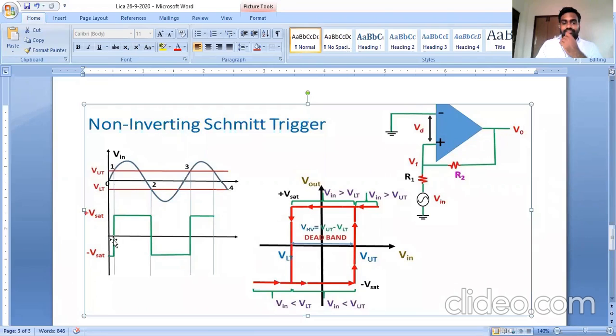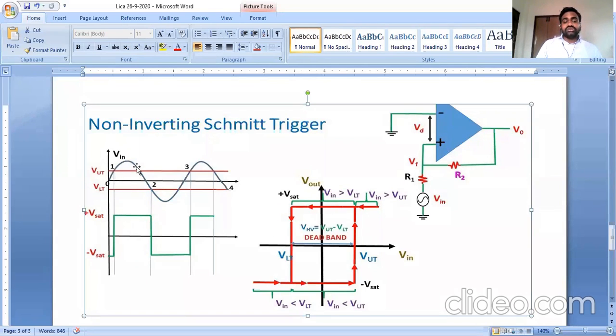At that condition, the output starts increasing towards positive Vsat, and if we increase further towards the positive peak, or plus V maximum, the output voltage will experience a positive saturation voltage.